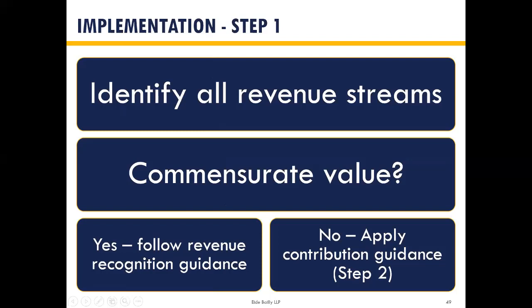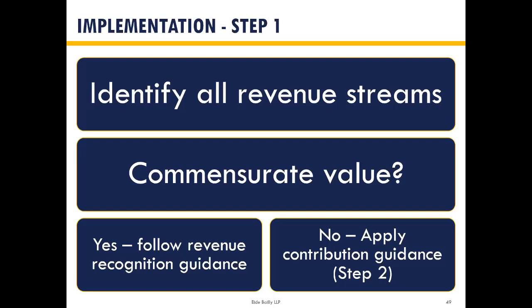The first step is to identify those revenue streams, and then you're going to determine if you have commensurate value. So is there exchange of value for value? Is it reciprocal? If yes, you're going to follow that revenue recognition guidance, so that's the 2019-04. If not, you're going to apply this contribution guidance, the first part of the presentation that we had today.